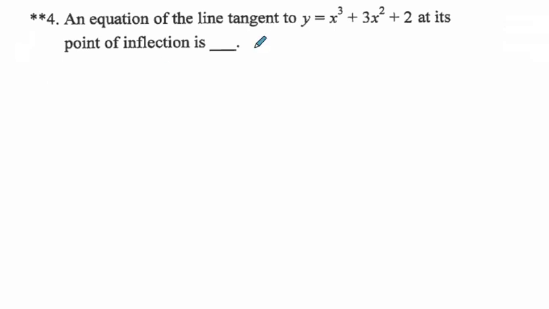For an equation of the line tangent to y equals x cubed plus 3x squared plus 2 at its point of inflection, and again, I invite you to pause the video and work it out ahead and play ahead to see if you got it right.